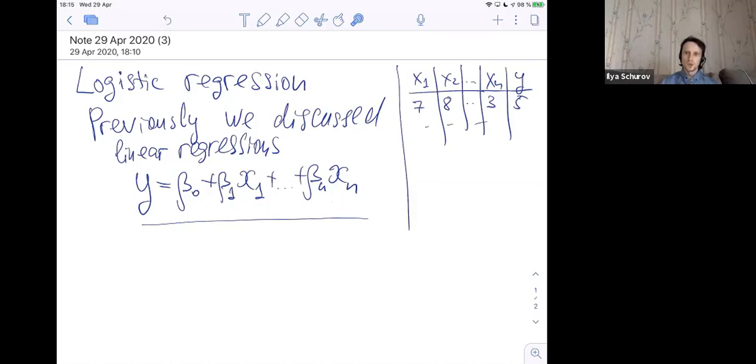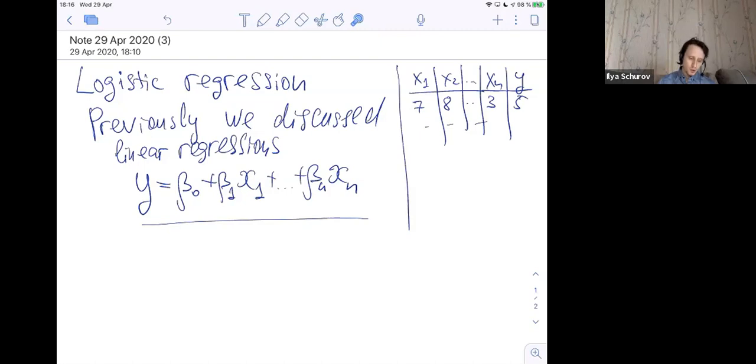We did it by encoding these categorical independent variables using dummy encoding, and so converting each categorical variable to one or several new variables which are, in a sense, just numeric, but they just take two values, zeros and ones. And this is a rather popular approach.